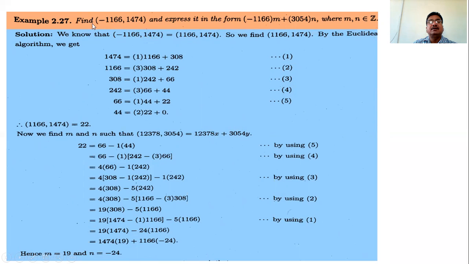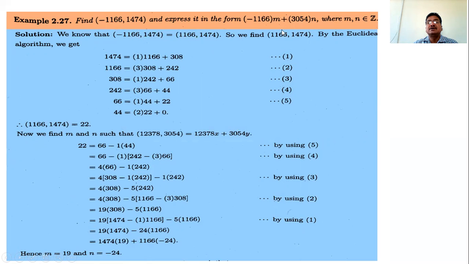So if there is a negative sign here, delete that negative sign. Only find the greatest common divisor of 1166 and 1474, because the greatest common divisors of these two numbers are the same. By deleting the negative sign, the greatest common divisors are the same.